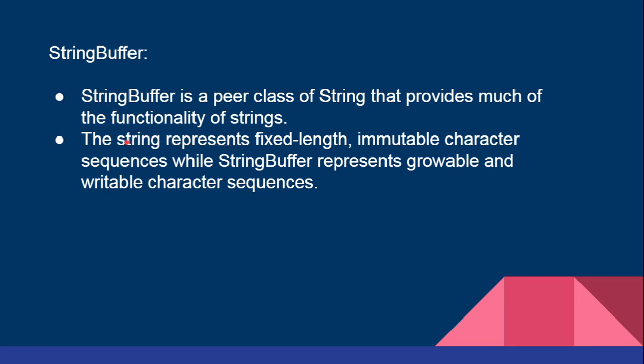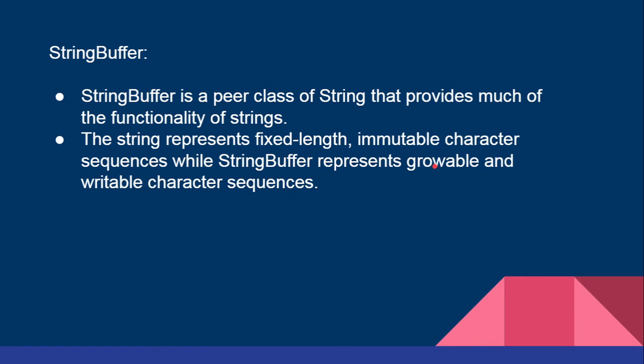When you create a sequence of characters using the String class, it is always of fixed length and it is immutable. What does immutable mean? It cannot be changed. But when we create a string using the StringBuffer class, it represents a string which is growable and writable. That means we can make changes in the string that we have created.